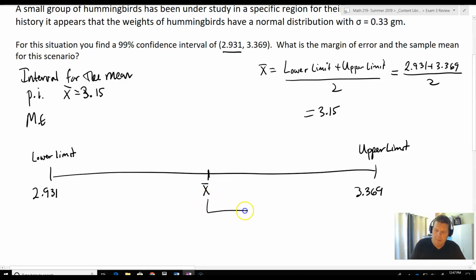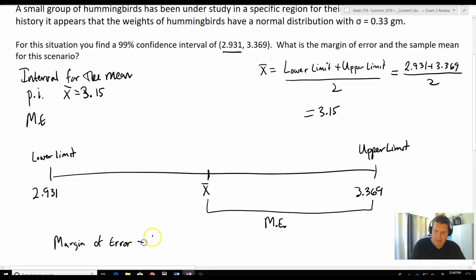Now, the next thing I want to do is find my margin of error. What I want to remember is that my margin of error is this distance right there. So the margin of error is going to be the upper limit minus X bar, or if we were doing P hat, minus whatever the point estimate is.